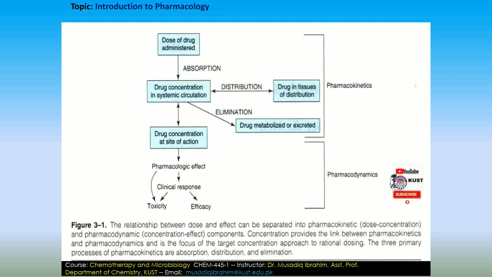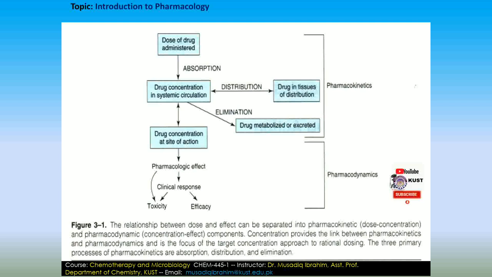First of all, in the case of pharmacokinetics, a dose of drug is administered. That is the important thing: according to the condition of the patient, a specific dose of drug is administered to the patient. Then the first step is the absorption of the drug, and as the drug is being absorbed inside the body, the next stage is drug concentration in systemic circulation.